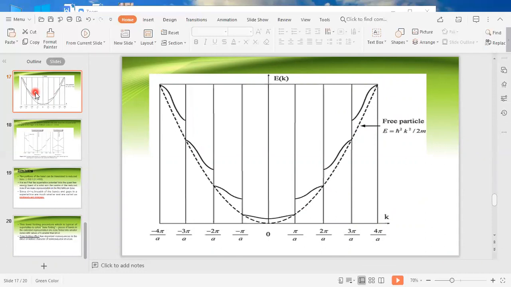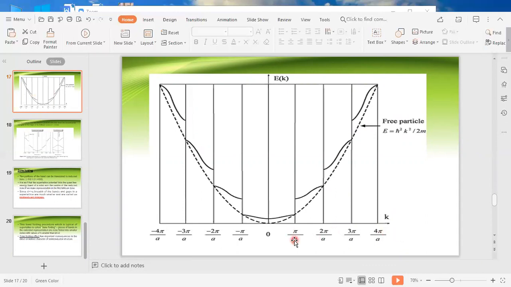What we see from this graph is that this dotted line shows the graph for a free electron parabola. And this free electron parabola breaks into several bands and gaps at the edges of the Brillouin zone, K equal to n pi by a.